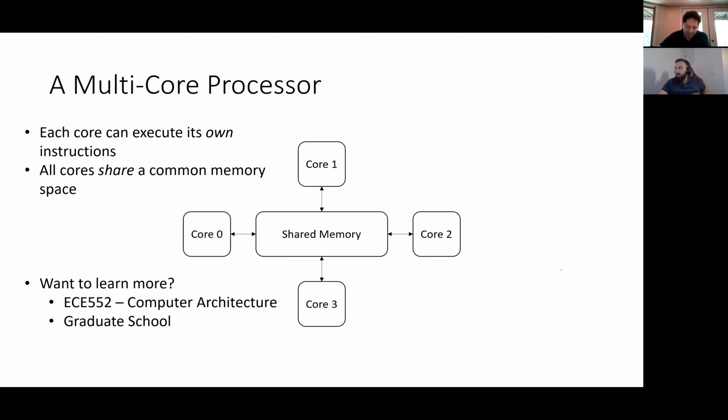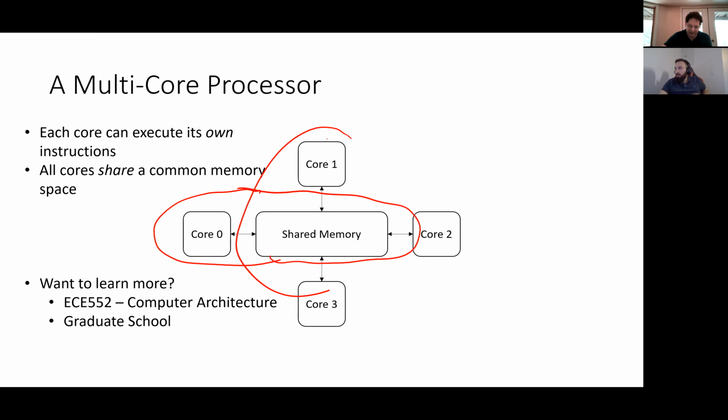Okay, so a core is basically like a processor. It has its own program counter so that it can be running different instructions. But all of these cores, each of them has their own registers, their own program counter, etc., can be doing different things, but they all share one memory. Okay?